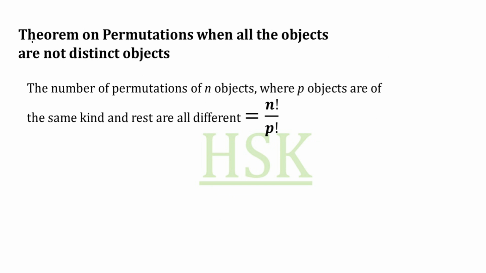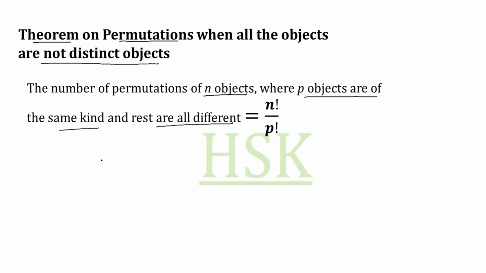Theorem on permutation when all objects are not distinct. So the theorem is like this. The number of permutations of n objects where p objects are of the same kind and the rest are different is equal to n factorial upon p factorial.